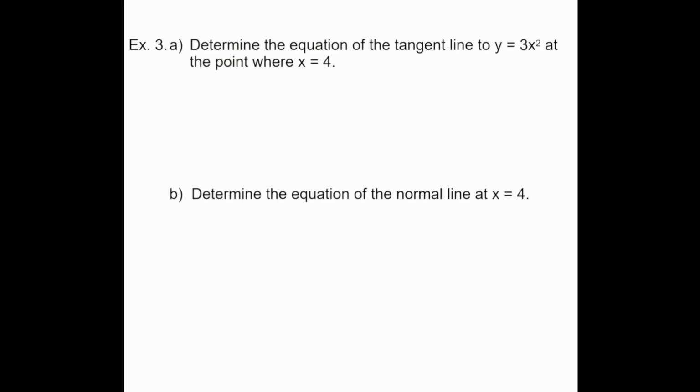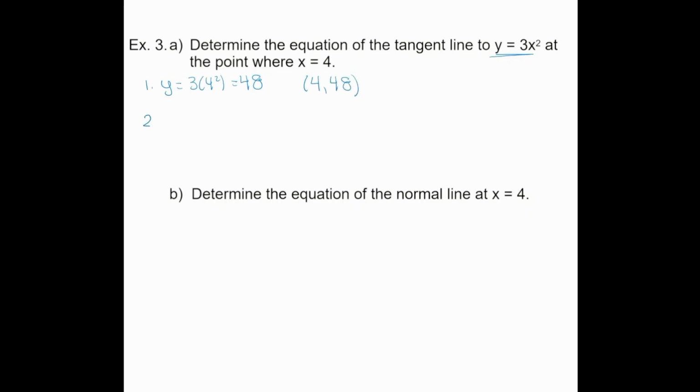So we're looking at this equation here, y equals 3x squared. So step 1, we're going to sub in. So y equals 3 times 4 squared, that equals 48. And that's going to give us our point. So we know that when x equals 4, y is equal to 48.